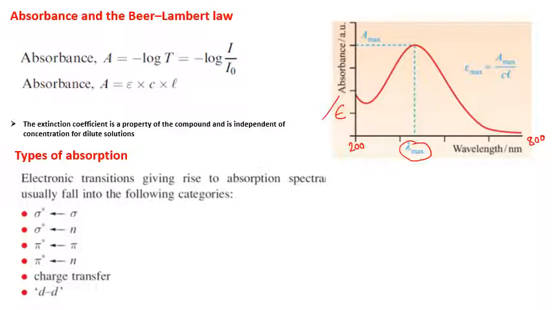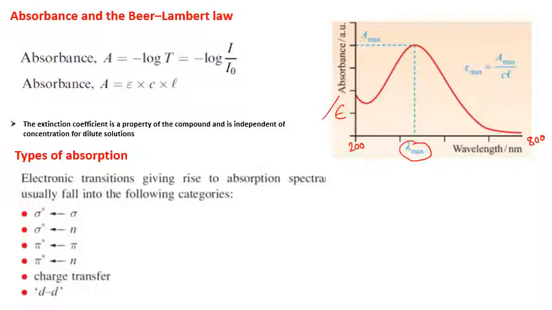Now what is the Lambert-Beer law? Using the Lambert-Beer law you can calculate the absorption value. So it is very important to understand these two equations given by the Lambert-Beer law.